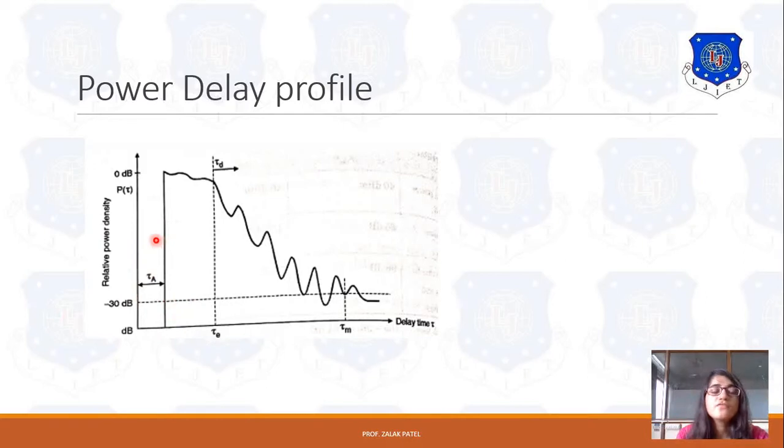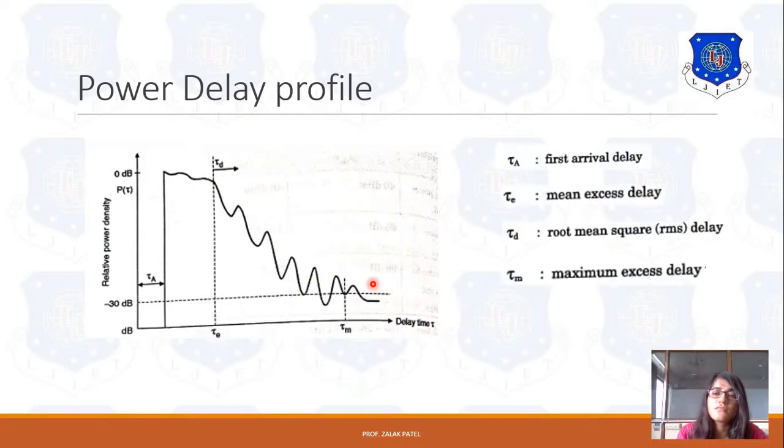After that first arrival time, you can see that the signal strength will be reducing. At the initial period it has the highest signal strength, and as time goes on, from tau A to tau M, there are more fluctuations and the signal strength also reduces. Here the various terms are like this.